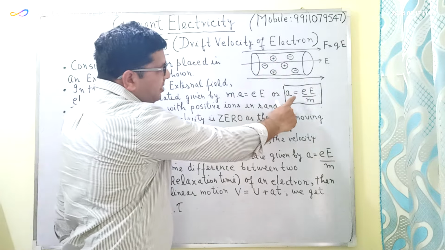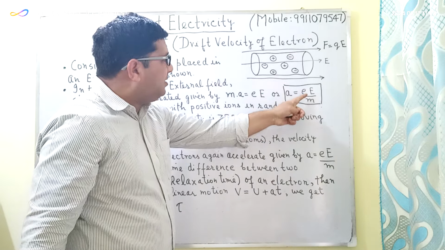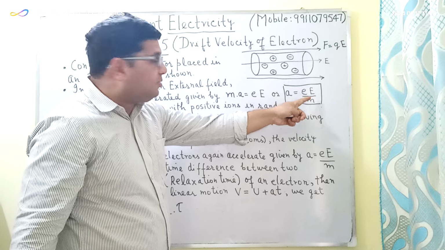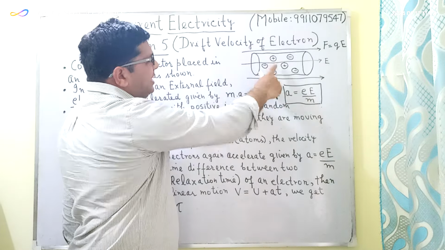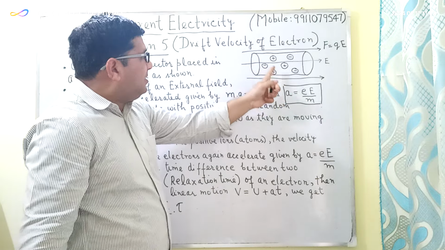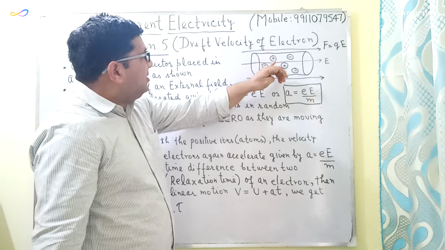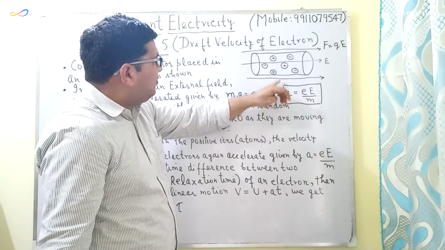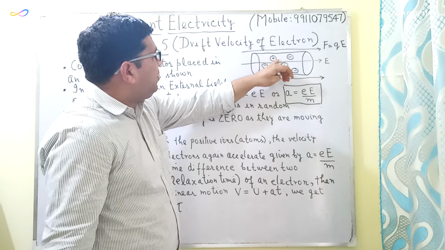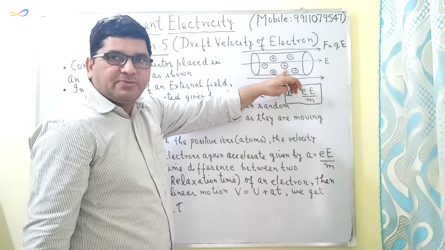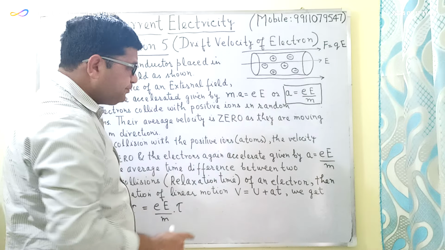After the collision, this electron will acquire an acceleration given by this formula, that is a = eE/m. Because of this acceleration, it will again start moving in any random direction. Let us say that after colliding with this positive ion, it collides with another positive ion after acquiring an acceleration given by this formula.